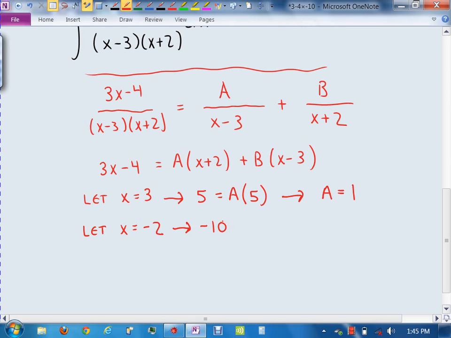And then over here, I'll have negative 2 take away 3 is negative 5, right? So the other side is B times negative 5. Divide both sides by negative 5. B is 2. So since it's right here, I'm going to replace that A up there with 1, and that B up here with a 2.